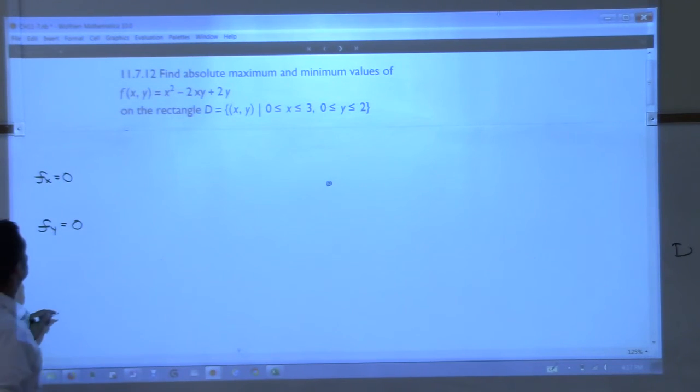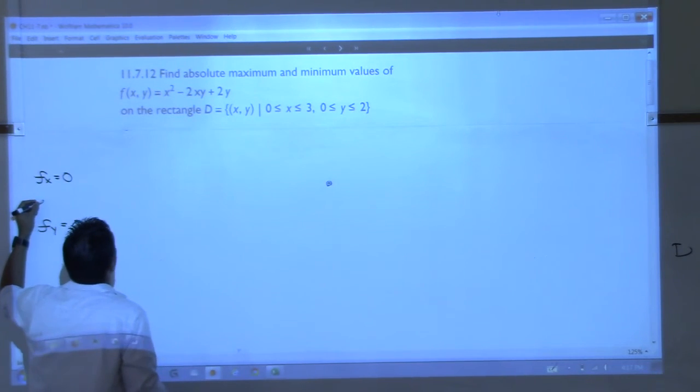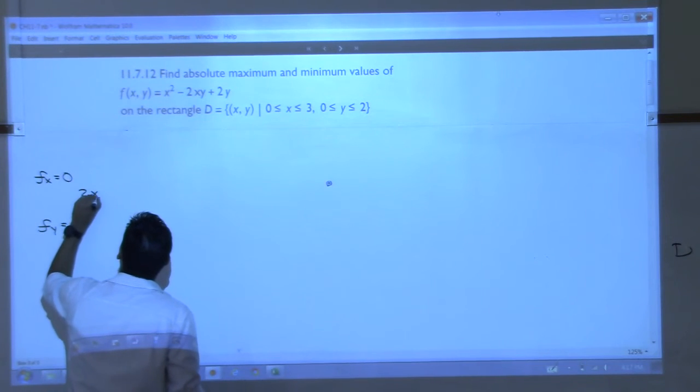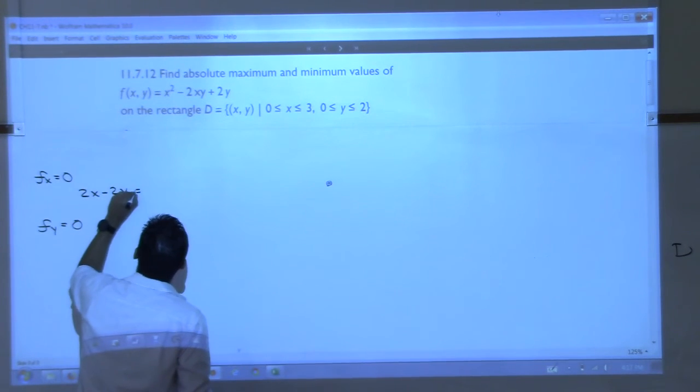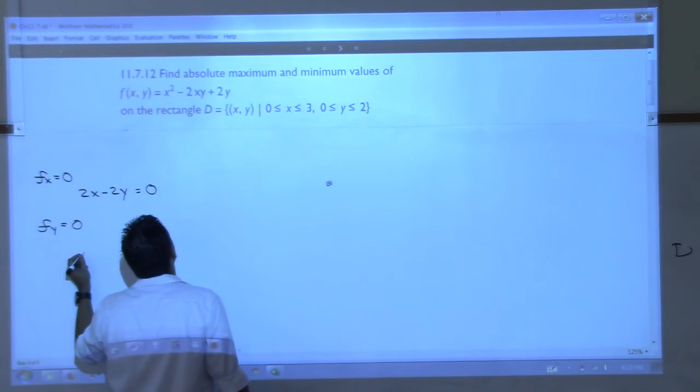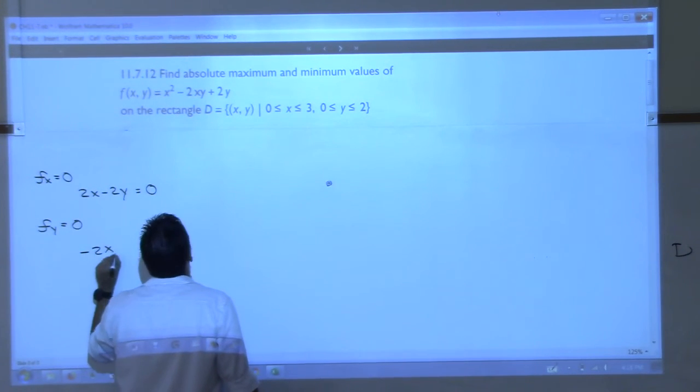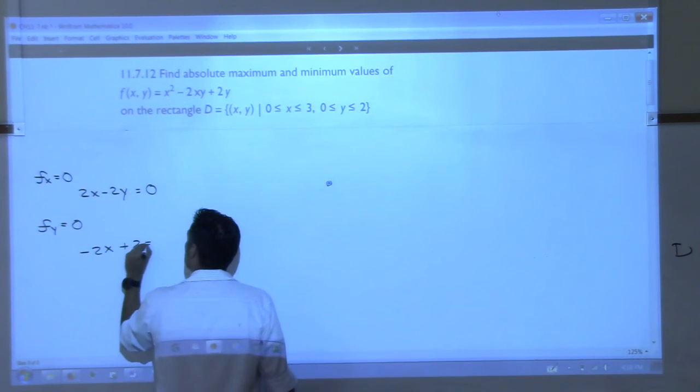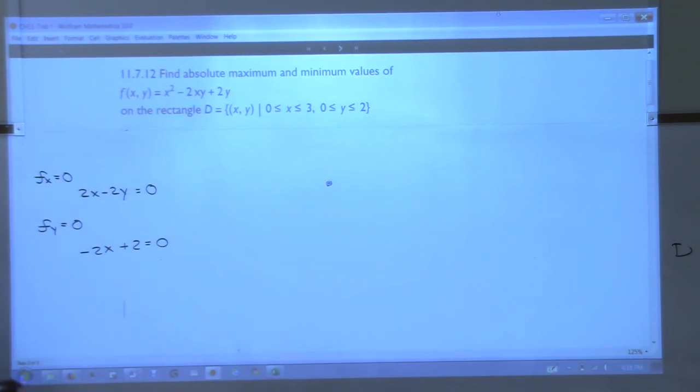So let's do these. Partial of f with respect to x is 2x minus 2y equals 0. And then the partial of f with respect to y is -2x plus 2 equals 0. Right? And that, I think, again, is going to be pretty straightforward because the second equation has a unique solution.